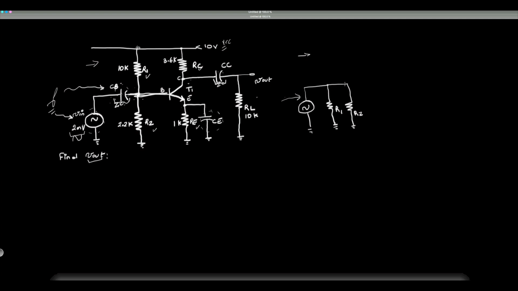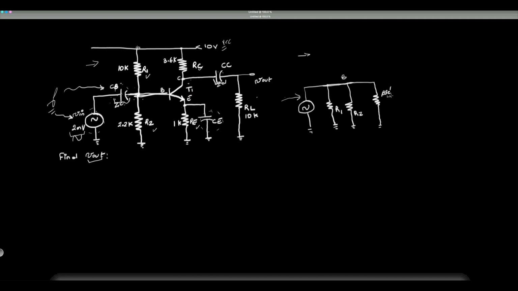And since we're going to use the pi model, remember this here is still the base, we're going to have an internal resistance, similar to the forward junction of the transistor, except since we're using the pi model, this would be beta RE prime. Again, it's beta times RE prime.